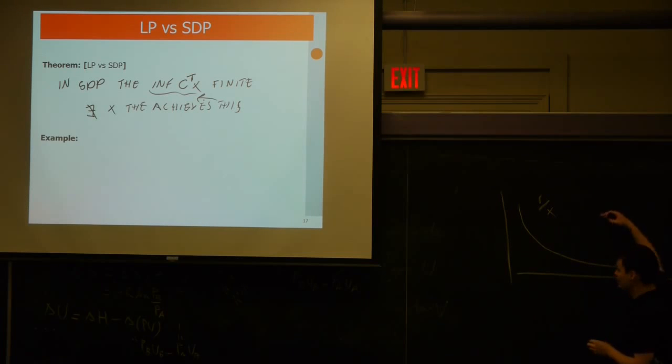I want to minimize, and say this is my C vector. This is C transpose x. I want to push this till I reach this. But it would reach this 1 over x set only when x is infinite, right? But let's see a concrete example, and then it will be more clear.